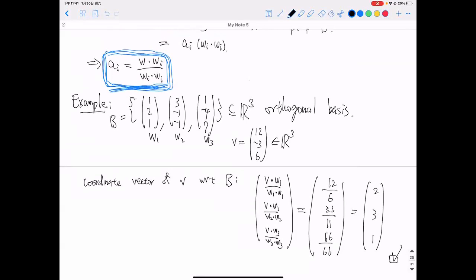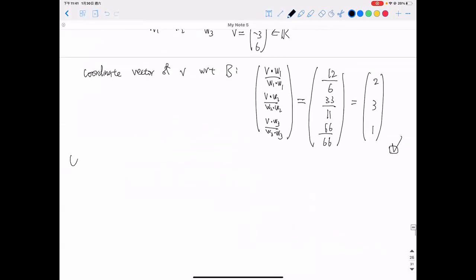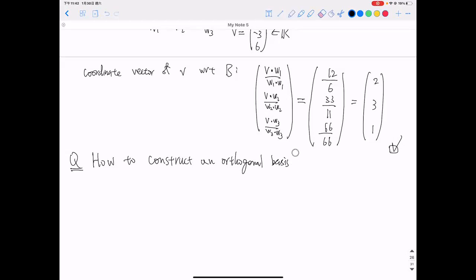Good. And now the big question is, of course, how to find, or rather construct, an orthogonal basis. We know how to go from an orthogonal basis to an orthonormal basis. That's the easy part. So the question is how to construct an orthogonal basis to begin with.